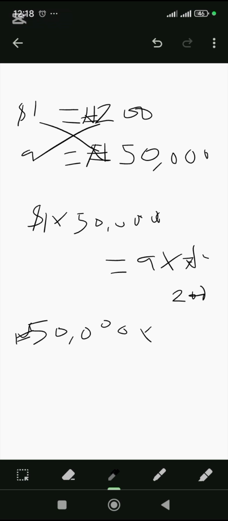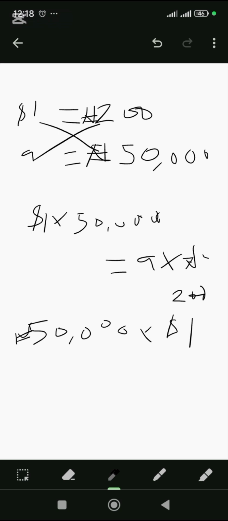Times $1, and when you do this, I don't know, my screen is not giving me what I want, but when you do this, you have put both equations differently on the right hand side and the left hand side, and you can actually make A the subject of the formula.